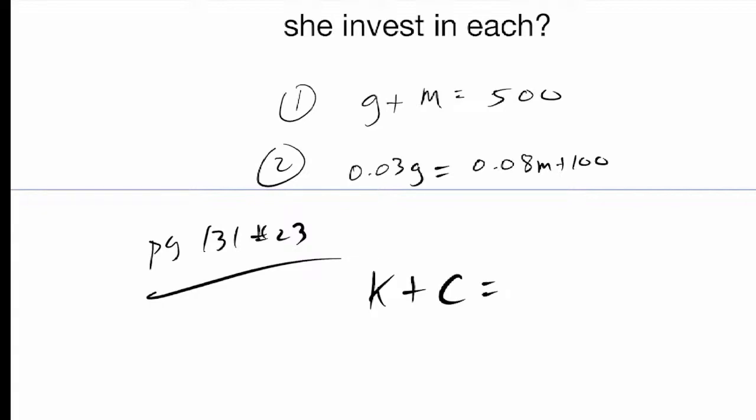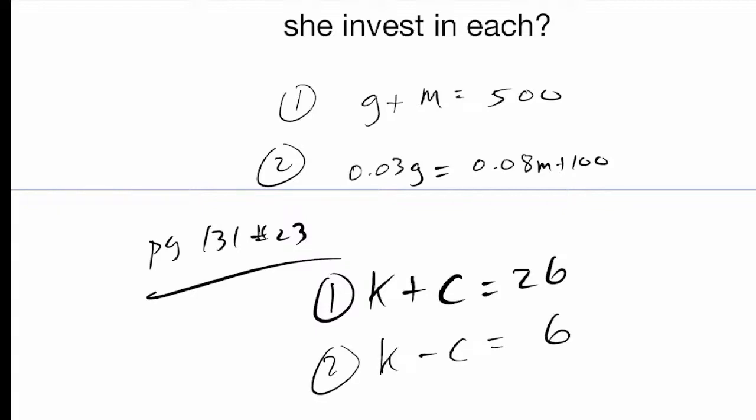When I'm going downstream, the current's going in my favor. When I sum those, it comes up to 26, but they already gave me the speed. I didn't have to do distance divided by time to get the speed. They gave it to me in the question. It's 26. And when I'm going against the current, you subtract the two, in which case you get 6. So K minus C is 6.